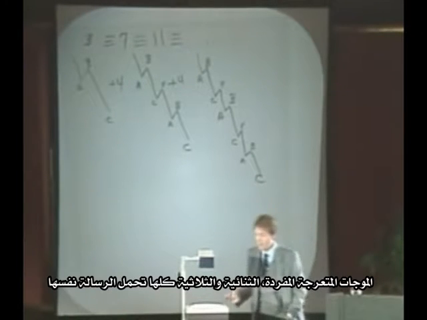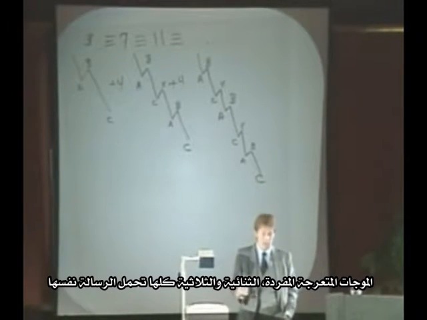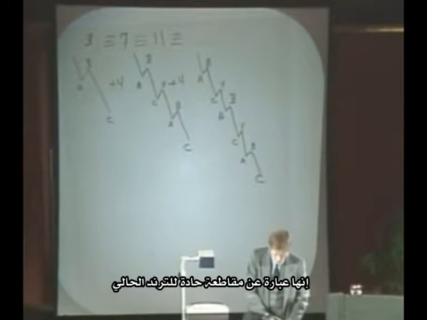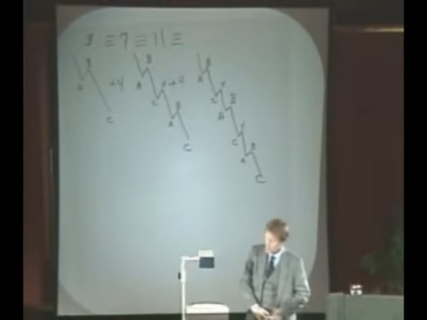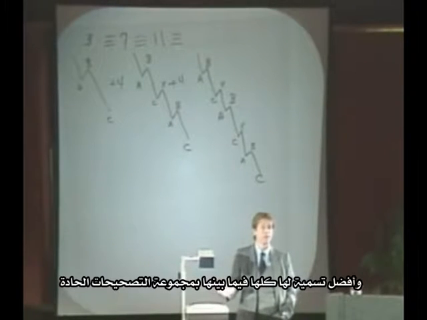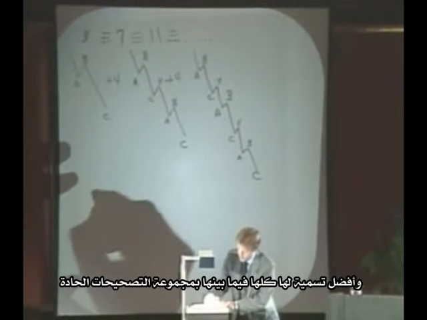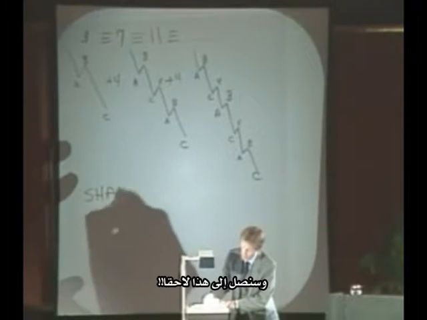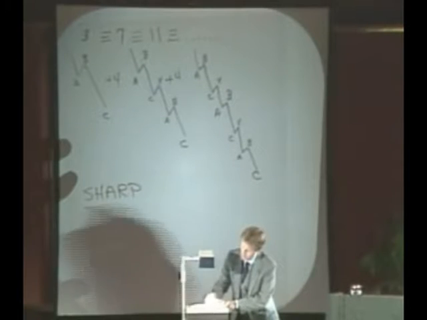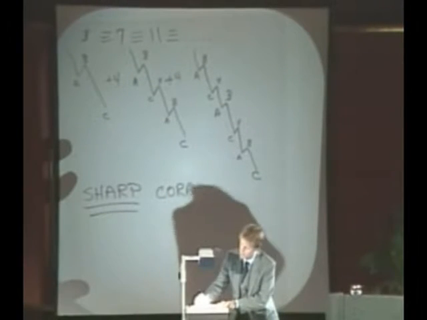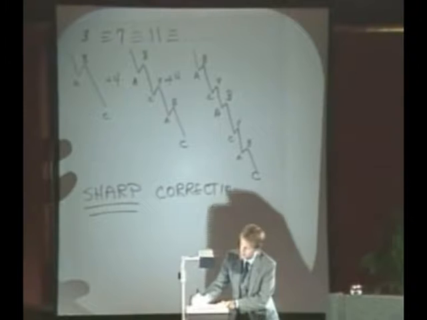Single, double, and triple zigzags all carry the same message. They are a sharp interruption of the trend that is in force. Among the three of them, they comprise what we refer to as the sharp family of corrections. And that'll come into play later when we talk about the rule of alternation.